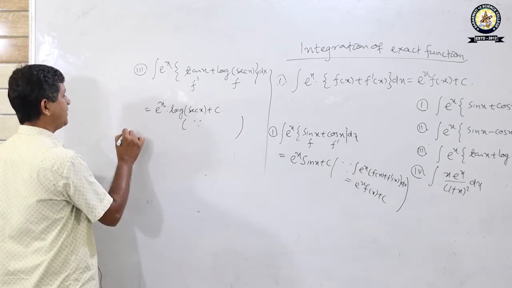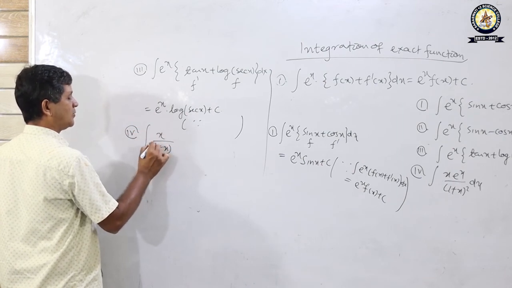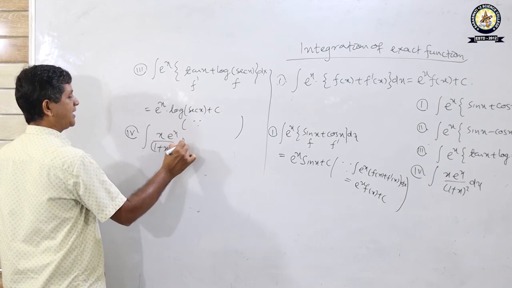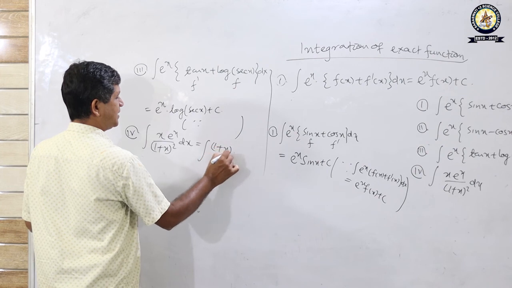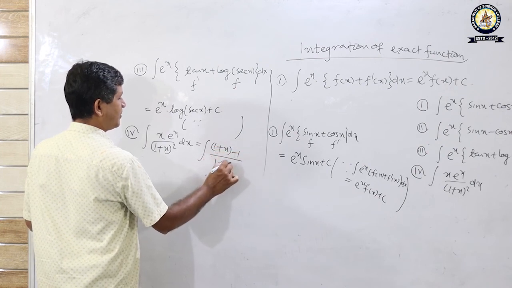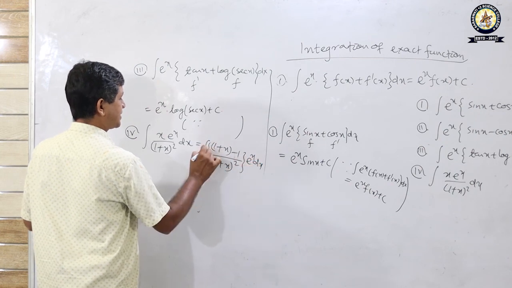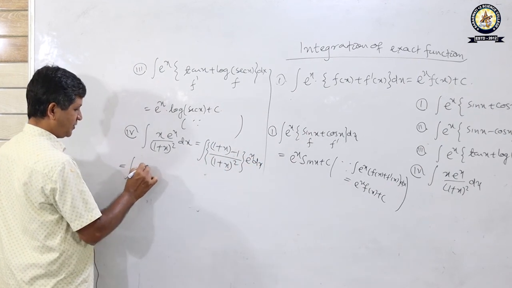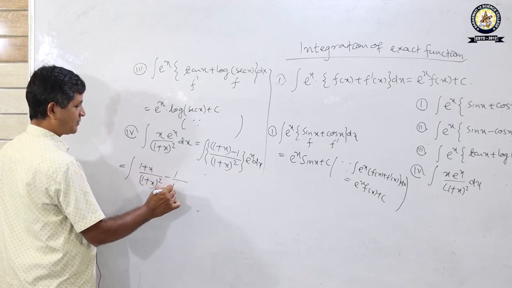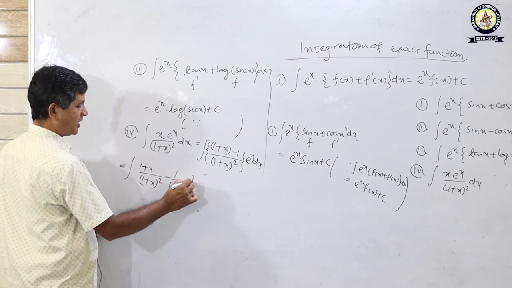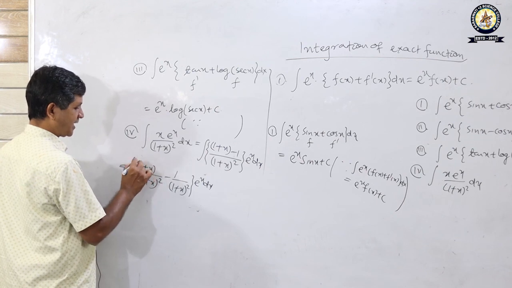Come to the fourth bit. Integration of x by (1 plus x) whole square into e to the power x into dx is equal to integration of (1 plus x minus 1) by (1 plus x) whole square into e to the power x into dx, equal to integration of (1 plus x) by (1 plus x) square minus 1 by (1 plus x) square into e to the power x into dx. 1 plus x cancels here.